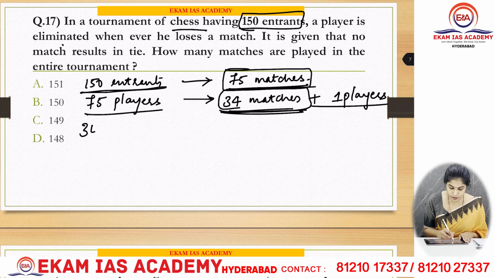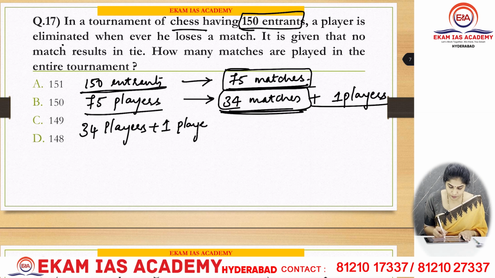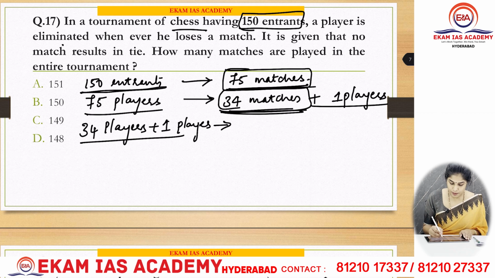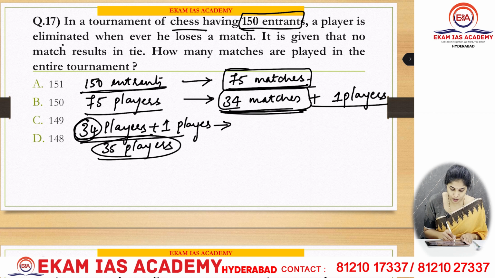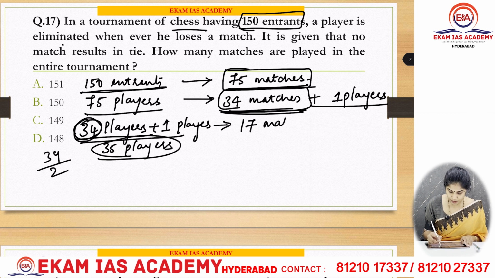So remaining is 37 players, plus 1 player, which is 38 players in total. For this, we have to go through the matches. 34 players will play how many matches? 34 by 2, right? So it is 17 matches. Plus 1 player would be there.